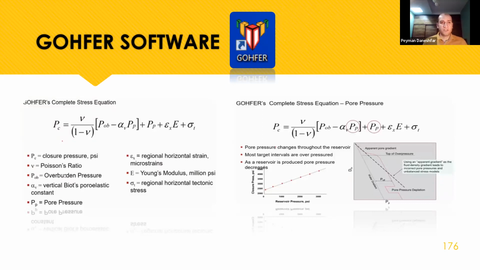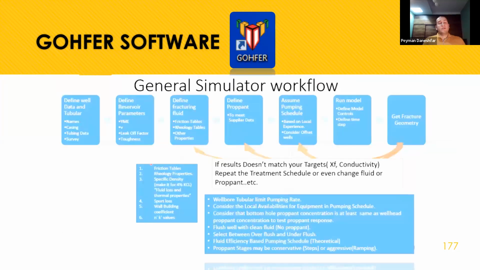Gopher complete stress is about the Poisson ratio, overburden pressure, and vertical stress. For the elastic constant, it is about 0.65 to 0.72, along with the original horizontal tectonic stresses.